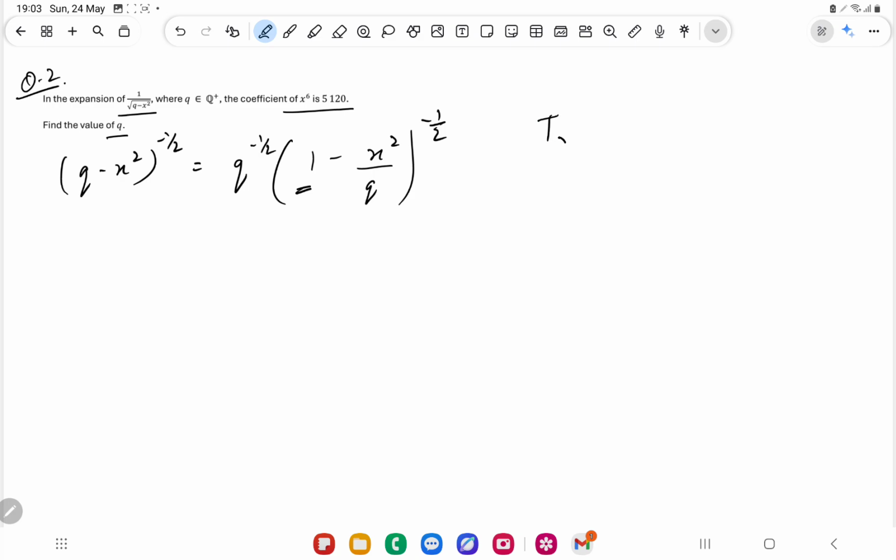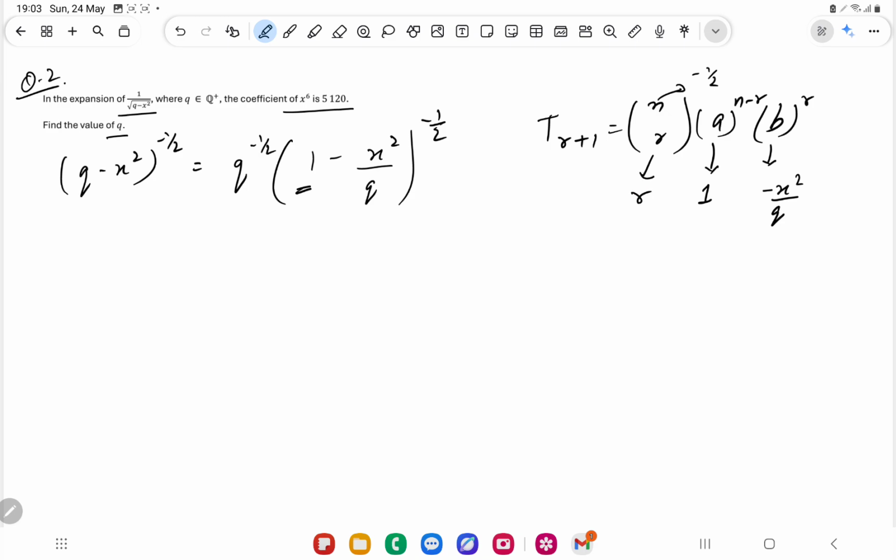Now I will be using the general term expansion, that is nCr a to the power n minus r multiplied by b to the power r. Now my a according to this is 1 and my b is minus x square by 2, and my n is minus half and r will be r, as I have to find that.